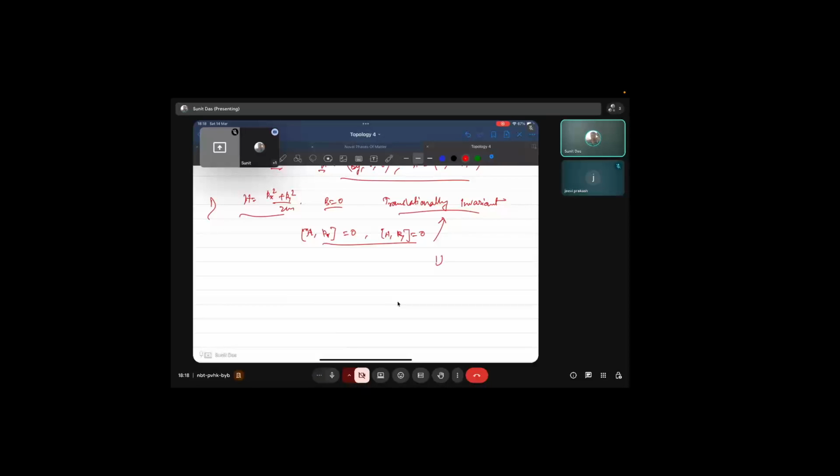So the generator is like e to the power minus i p dot r by h bar. Once a Hamiltonian commutes with this momentum operator, the Hamiltonian is translationally invariant.